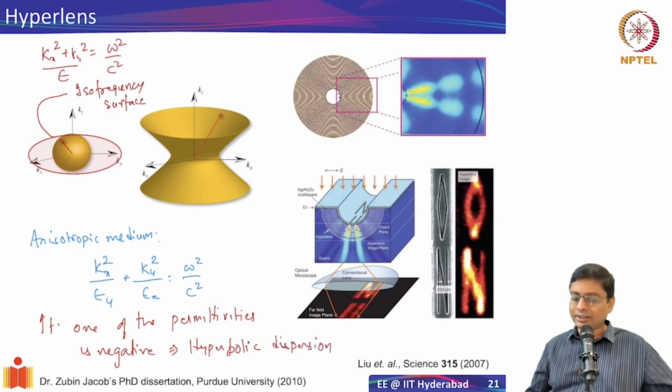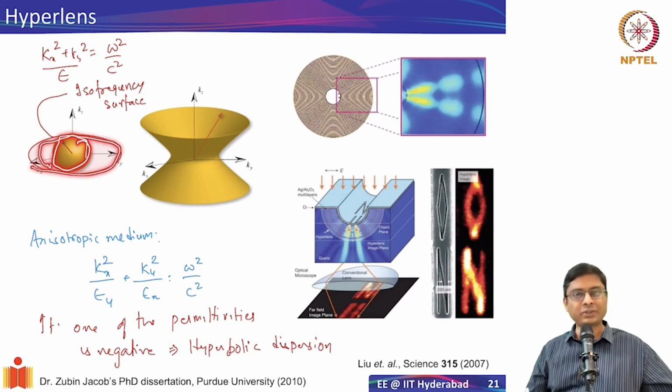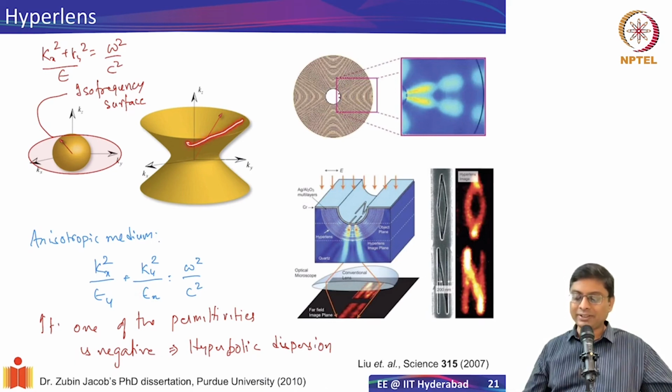What it means is that the isofrequency surface, in the case of a regular or isotropic medium, is bounded. That means all the k vectors that fall within it can propagate. Whatever is outside cannot propagate, so we have the diffraction limit. But the moment one of these becomes negative, the isofrequency surface is a hyperbola, and this keeps extending up to infinity.